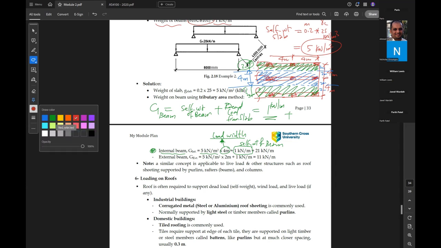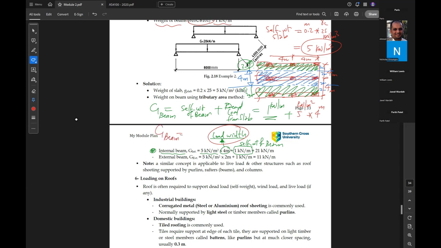The dead load from slab is 5 kilonewton per square meter times what? The load width. What is the load width of the beam? 4 meter. So how much is the total load on the beam, G beam? 21 kilonewton per meter. Is that logic? Yep.